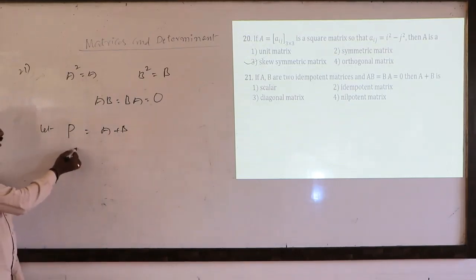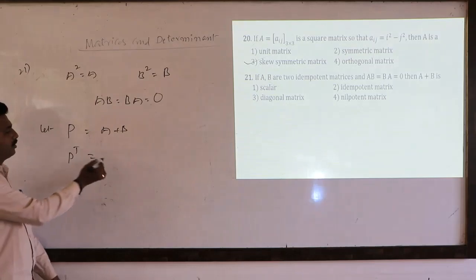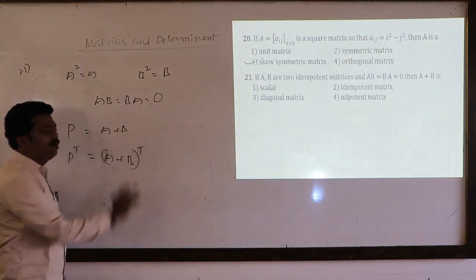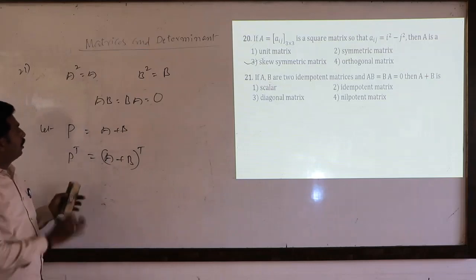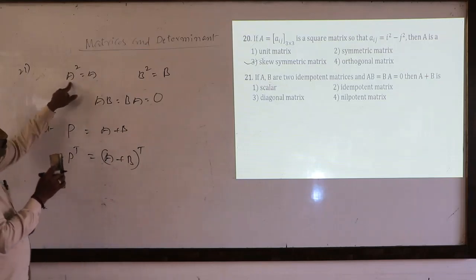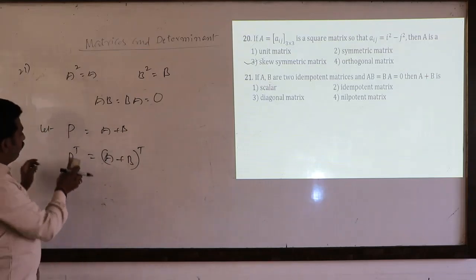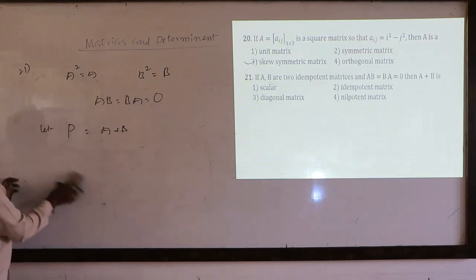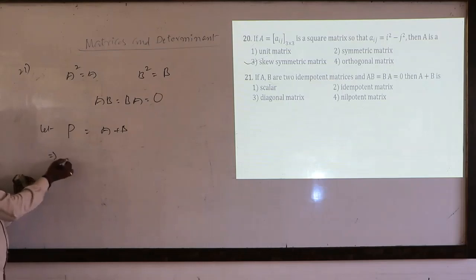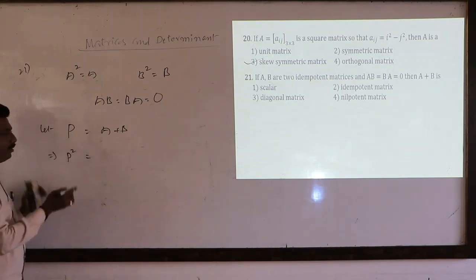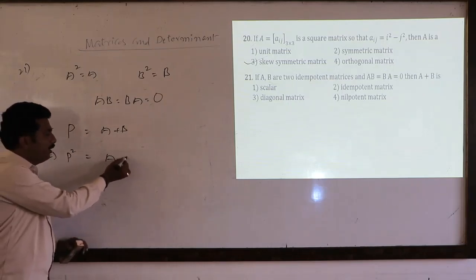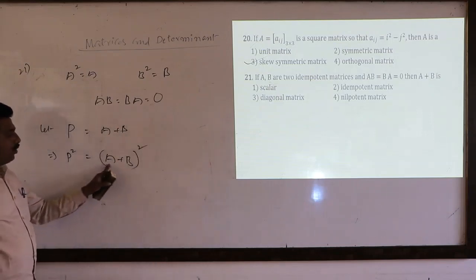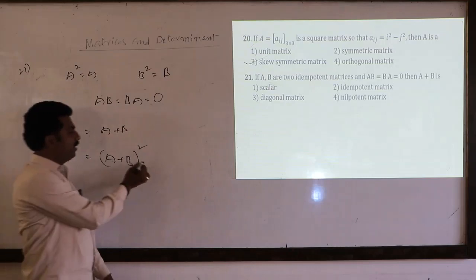Now I am taking P square. So P square is nothing but A plus B whole square. So what is A plus B whole square in matrices?